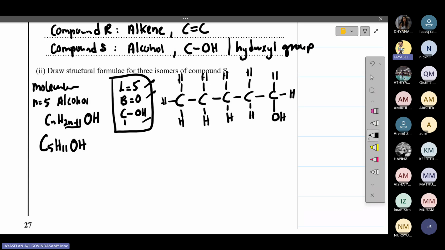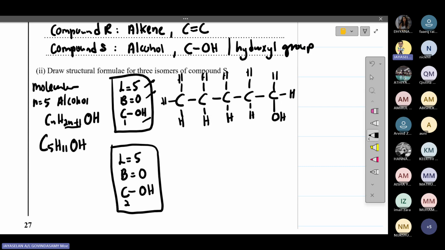Any question? Okay, the second one, very easy. Long chain 5, branch still 0, OH, I start at carbon number 2. They want 3 isomers, they won't ask for all of them, only 3. So you do like this: 1, 2, 3, 4, 5.